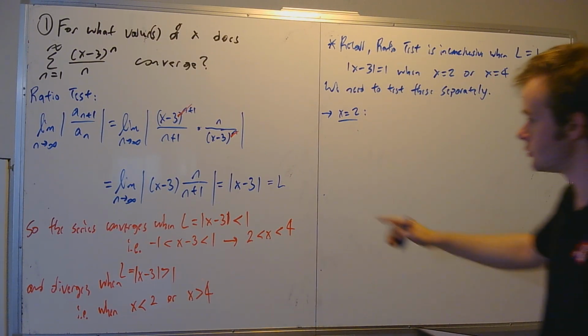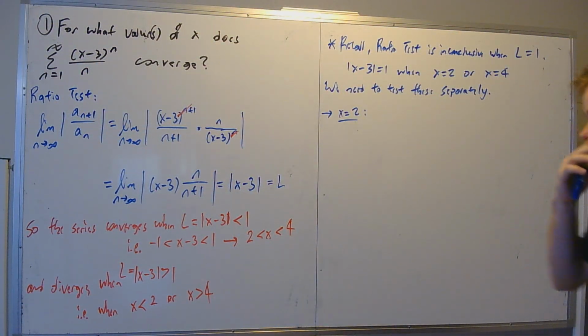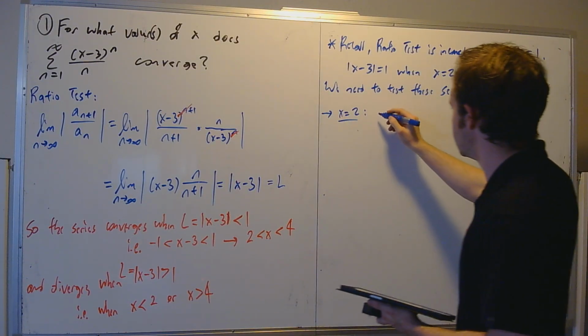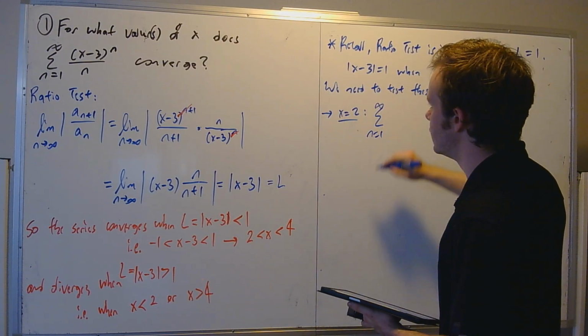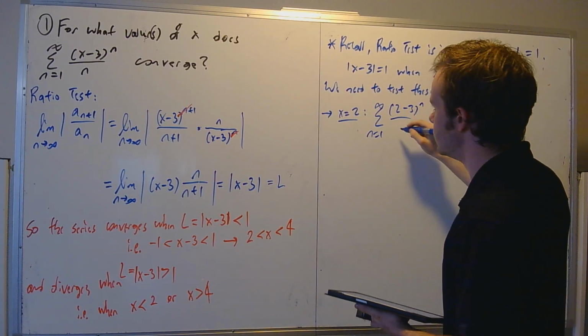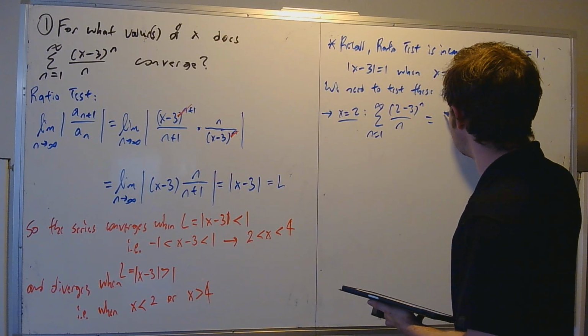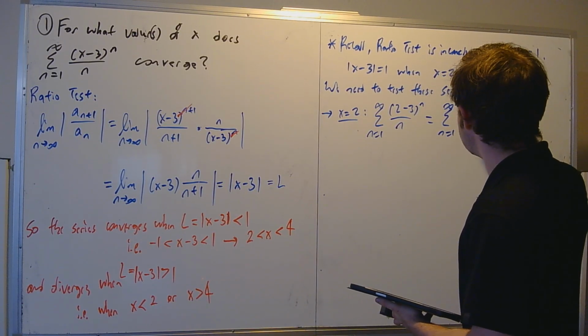Now we just plug x equals 2 into our series, and we're going to see if it converges or diverges. So we're going to have a sum from n equals 1 to infinity of 2 minus 3 to the power of n over n, which is the same thing as the sum from n equals 1 to infinity of negative 1 to the power of n over n.